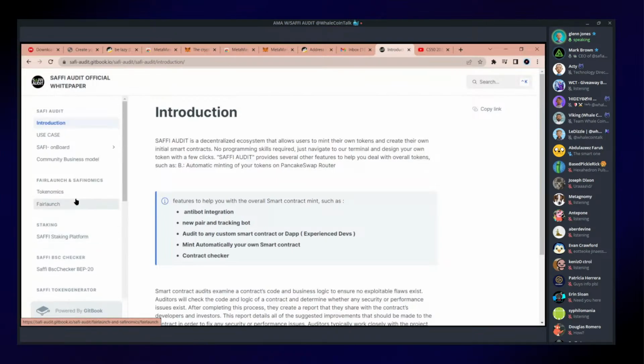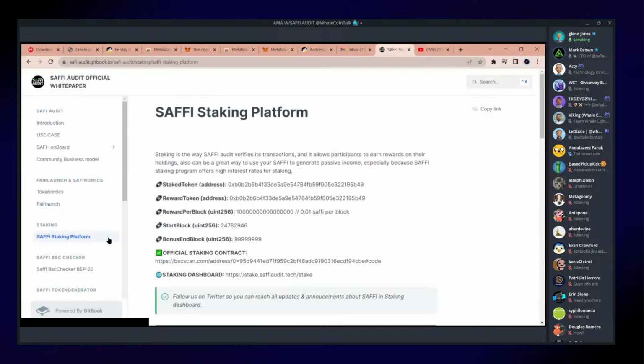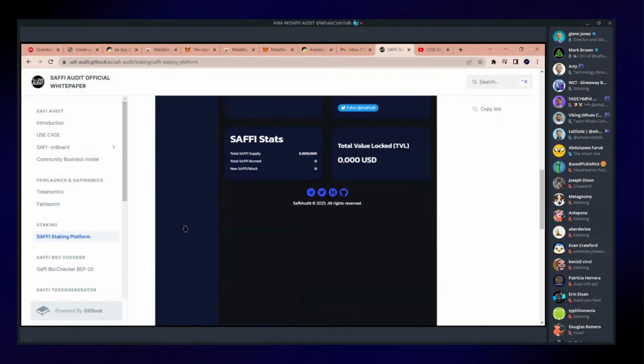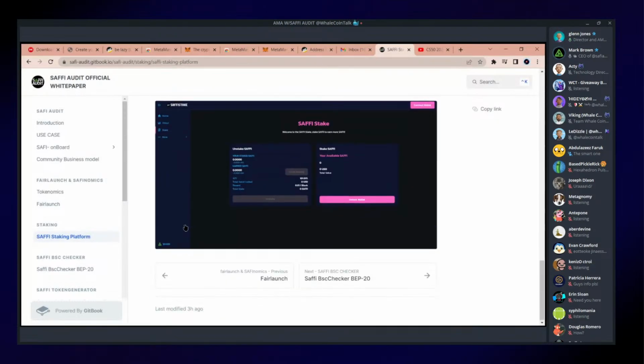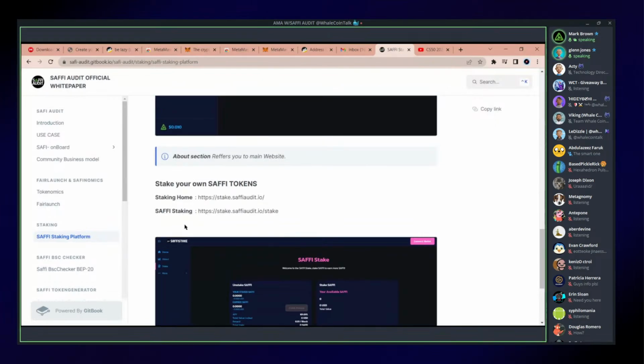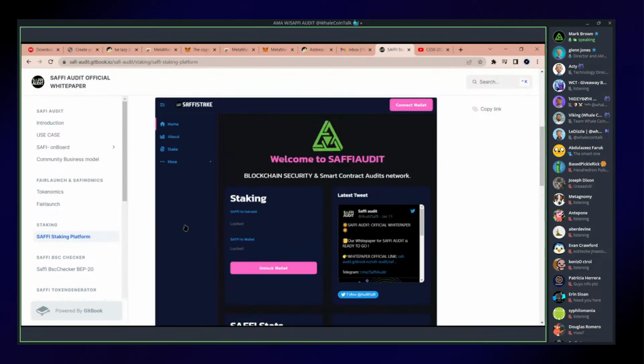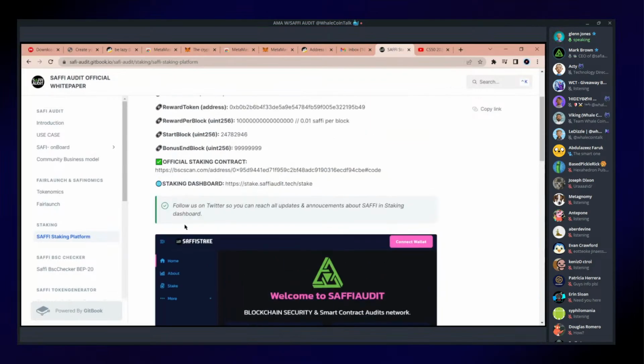It's under one of these, but is it under the staking platform or the Saffi BSC checker BEP 20? It might be further down, I think.